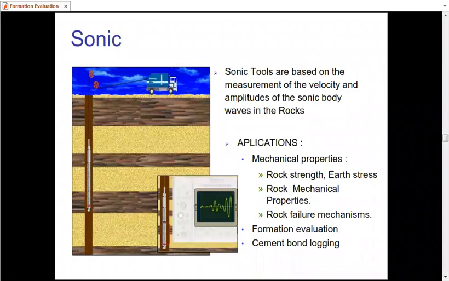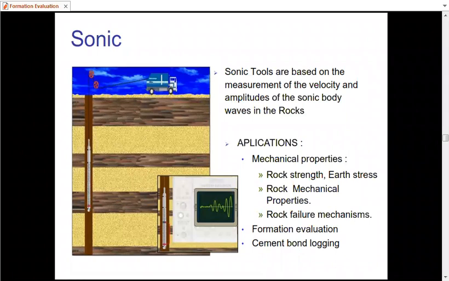The third common type of porosity log is the sonic log. The sonic tools are based on the measurement of the velocity and amplitudes of the sonic body waves in the rocks.